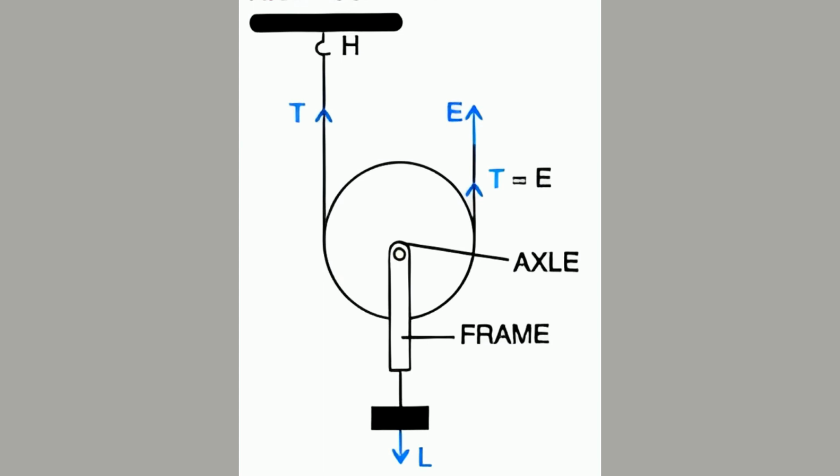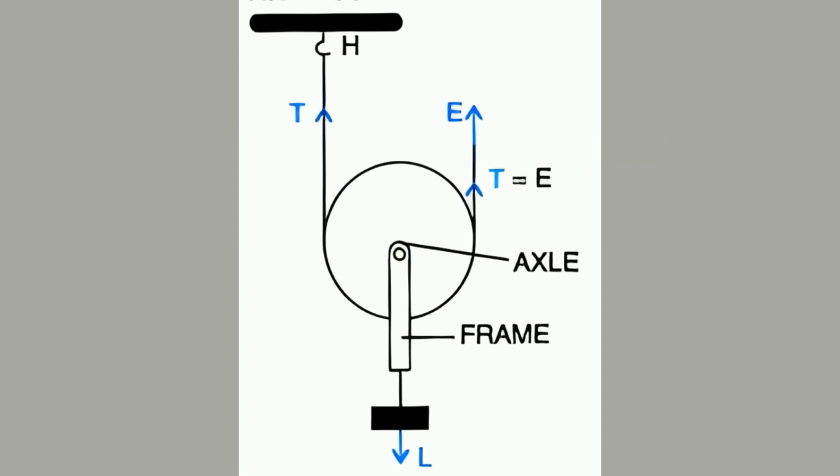The effort E is applied at its free end. So as you can see in the diagram, one end of the string is attached to the hook which is fixed to the rigid support and the other end is free and the effort is being put at its free end. Okay? So what about tension?